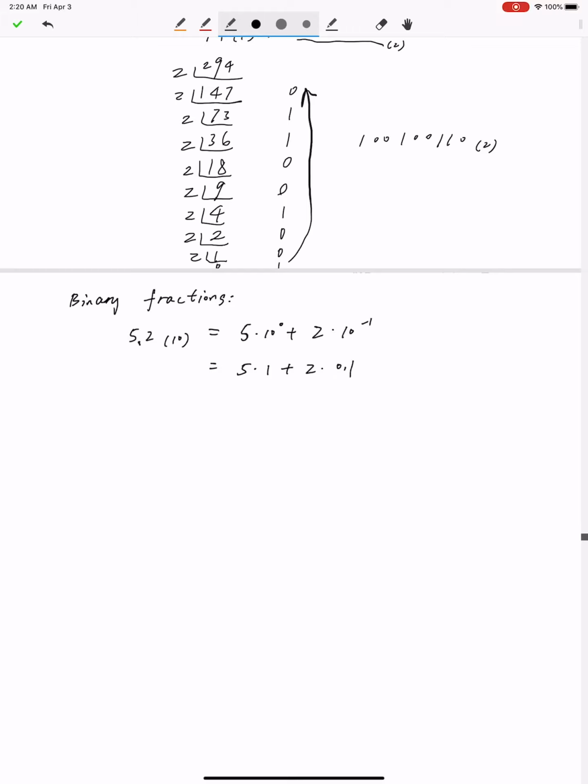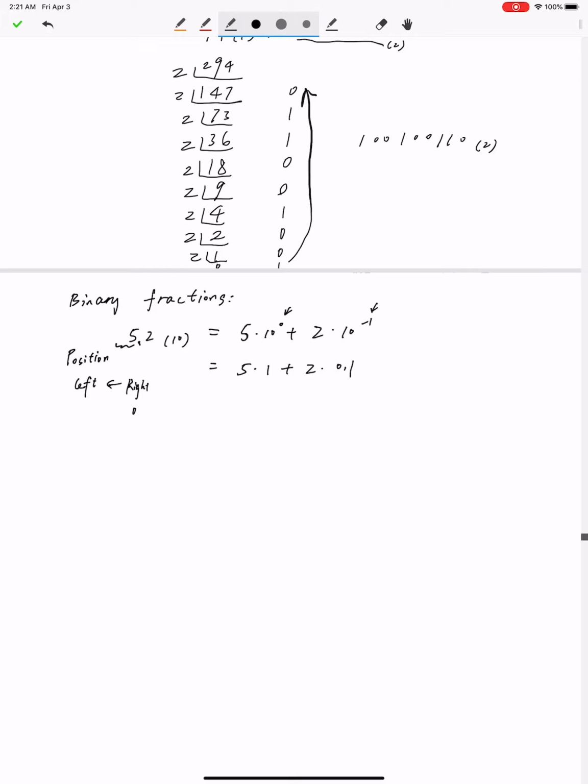And you see these power values also follow the position of the digit, right? But here, since we have a decimal point, we have two parts. The first part is the digits on the left hand side of the decimal point. The way we count the positions is the same as we mentioned: starting from right to left and starting from 0.